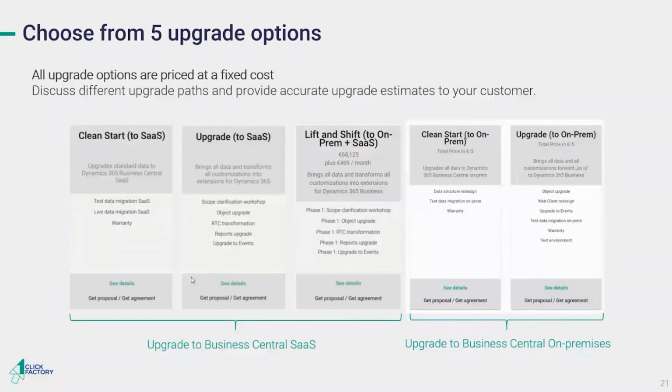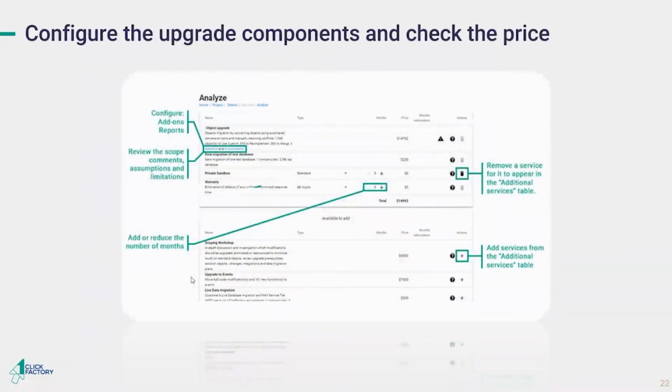Just go to our partner zone, upload a FOB file, provide a few important pieces of information, and you can also configure your upgrade the way you like it. You can configure warranty, additional services, or review the full scope.